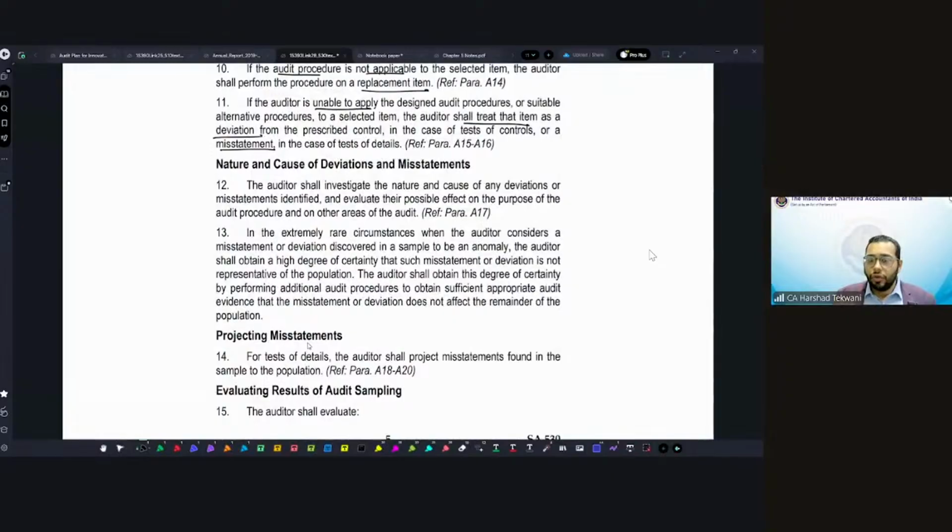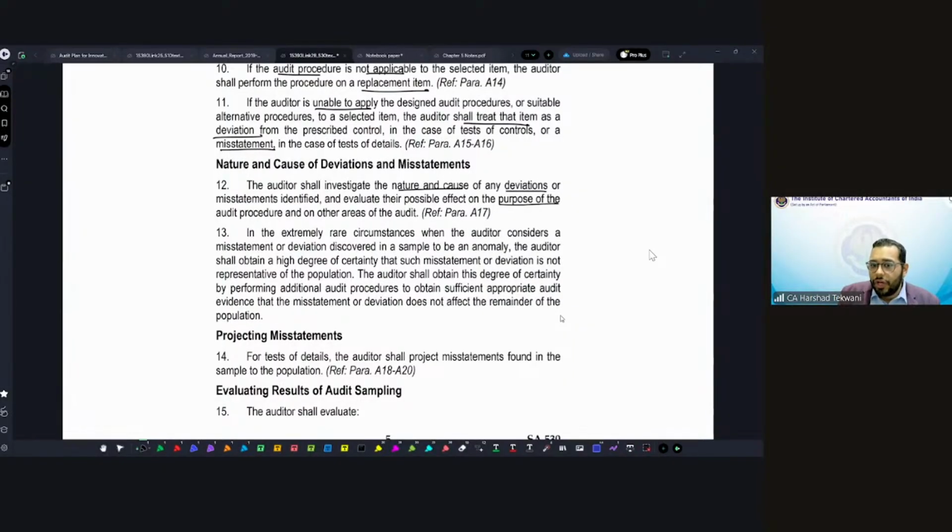Then you need to understand the nature of deviation and their possible effects, because otherwise, how will you determine what to do further on those deviations? We have already seen that. When you identify any deviation or misstatement, evaluate what it is, and then decide the rest of the audit procedures you need to perform.